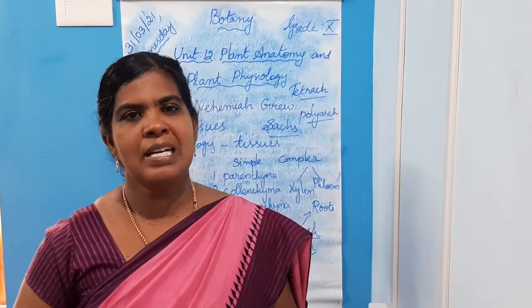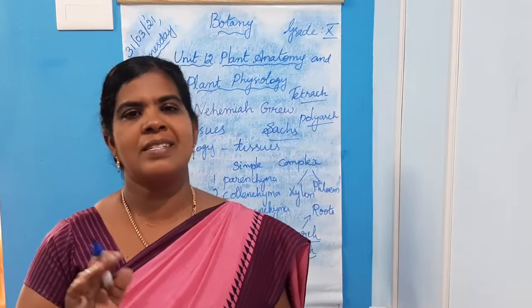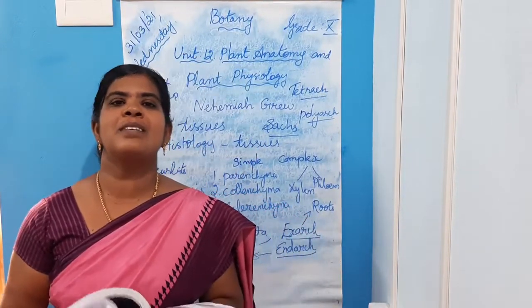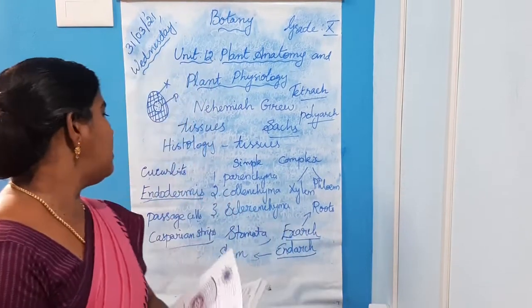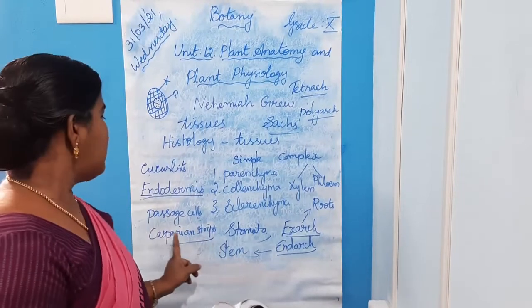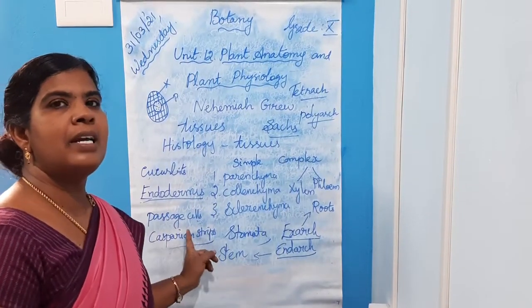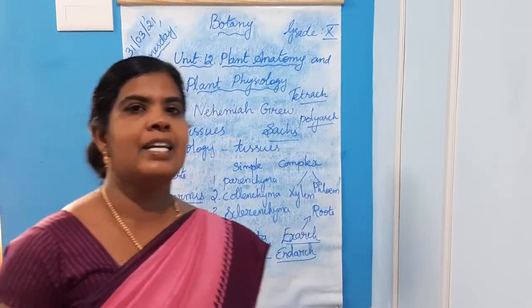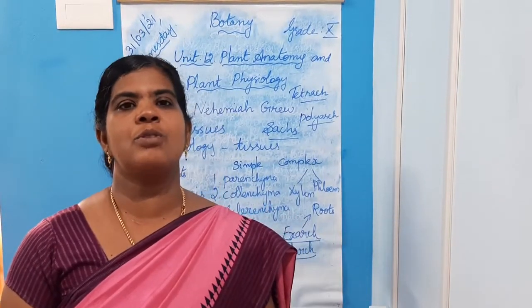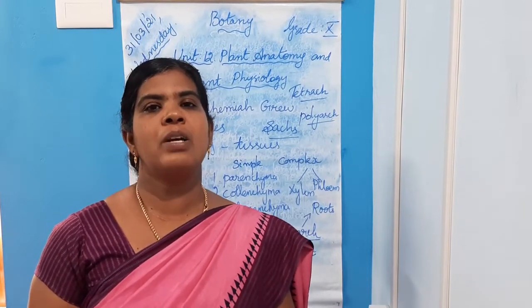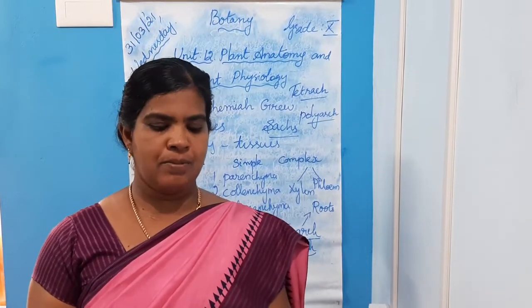The innermost layer of the cortex, in both root and stem, is endodermis. Some of the endodermal cells are thin-walled, called passage cells. The remaining cells contain suberin and are called Casparian strips.